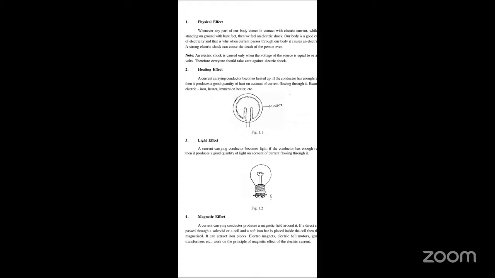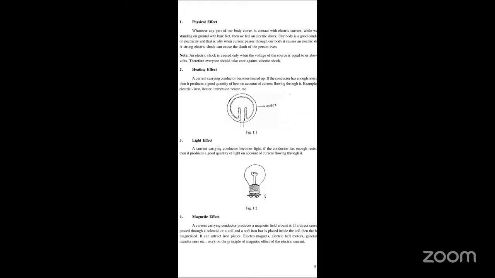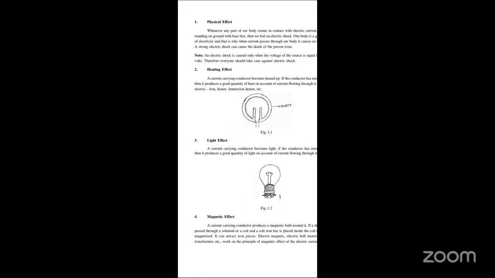Our body is a good conductor of electricity, and that is why when current passes through our body, it causes an electric shock. A strong electric shock can even cause the death of a person.